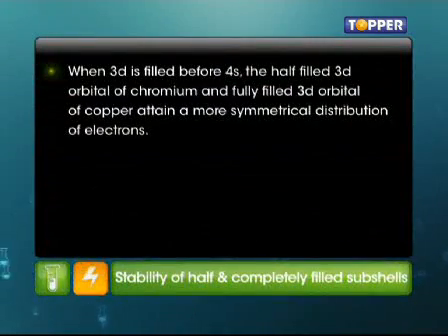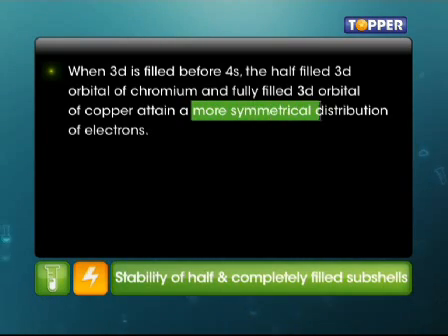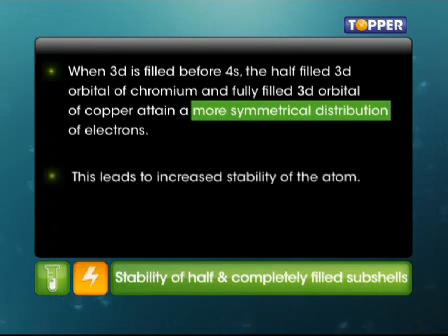The electronic configurations of copper and chromium violate the Aufbau principle in the interest of stability. When 3d is filled before 4s, the half-filled 3d orbital of chromium and the fully filled 3d orbital of copper attain a more symmetrical distribution of electrons, leading to the increased stability of the atom.